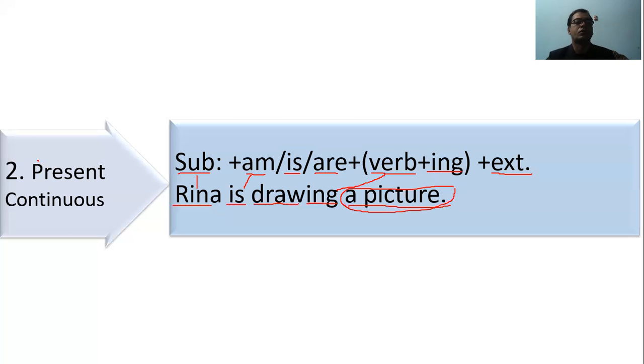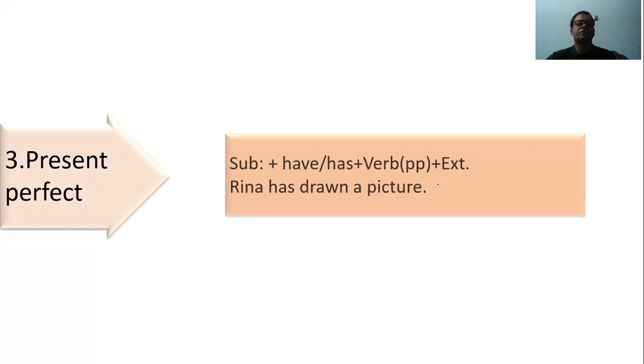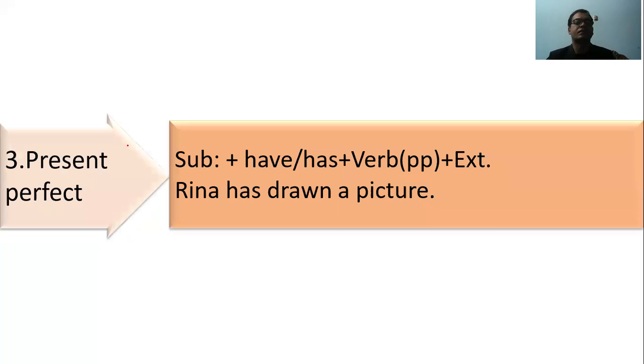So we have completed here present continuous tense. Then present perfect. In present perfect, we use here a structure. First one, subject plus, you have to add here have or has.